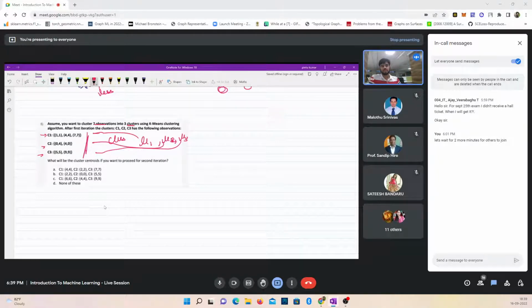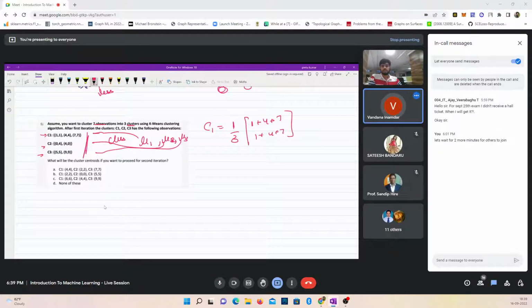For C1, there are 3 data points, so 1 by 3 times 1 plus 4 plus 7, and the second position is also 1 plus 4 plus 7. You just sum this up and divide by 3. So it is 12 by 3 and 12 by 3, so this is 4, 4. You can do a similar thing for the rest of the 2 clusters also.